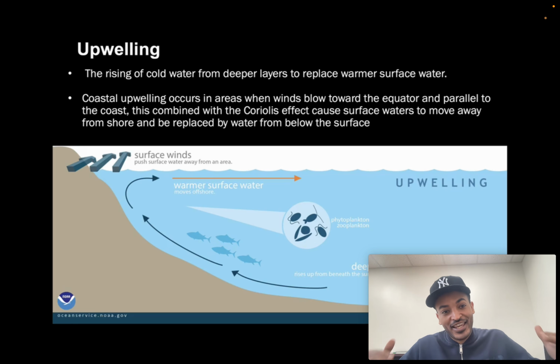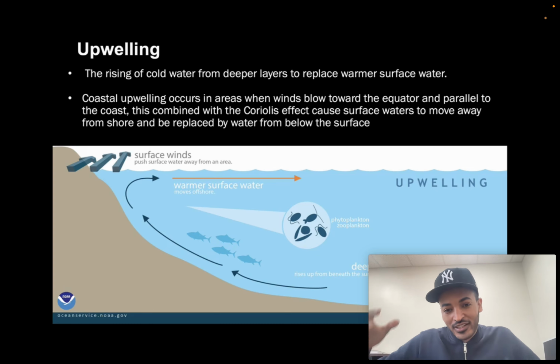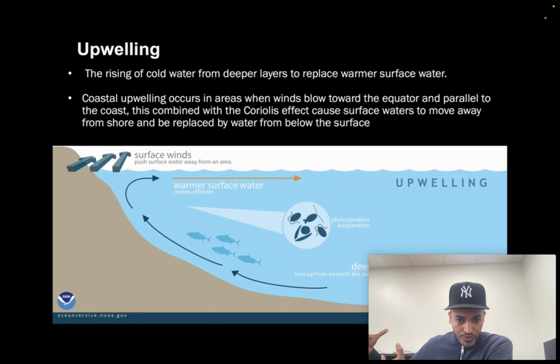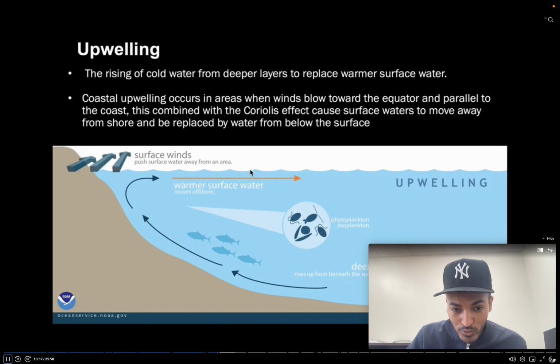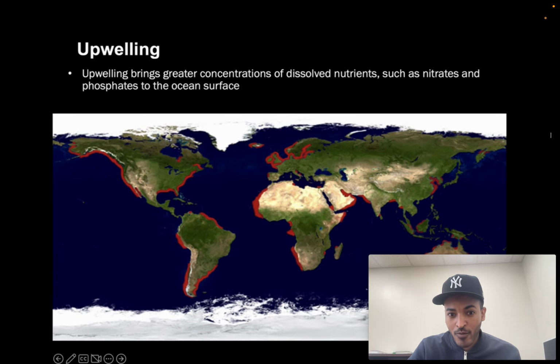Of course, again, surface winds are relevant here, right? Because of the surface winds, more nutrient-rich and also colder waters are brought to the surface, right? So what you see here are important upwelling zones, right?